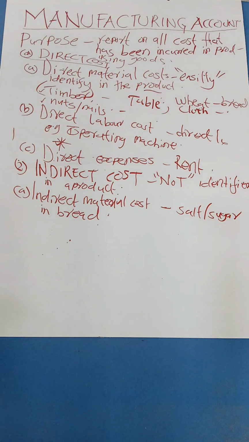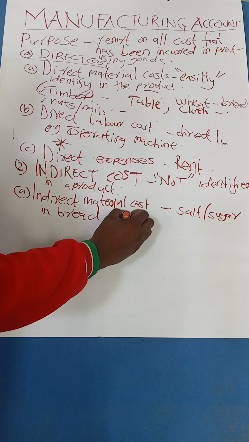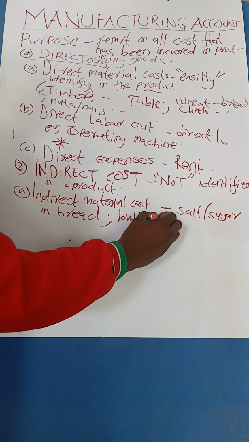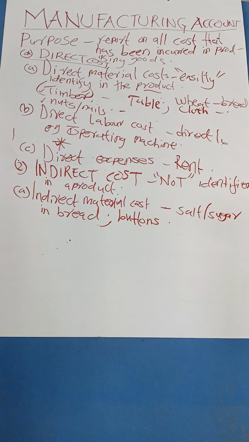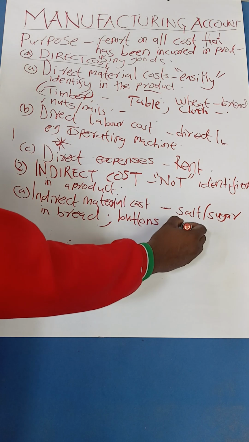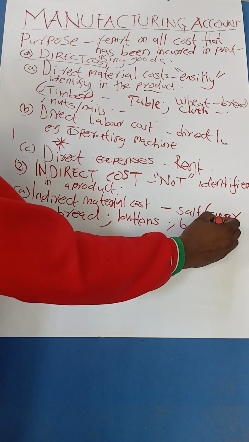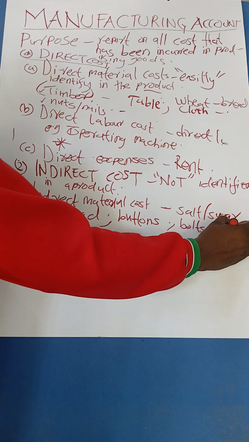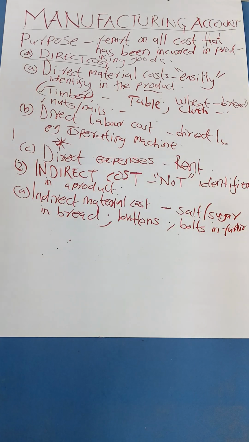So for indirect material cost, examples are salt and sugar. Or you can say buttons in a cloth. Can you account for the buttons? Not easily. We have also said bolts in furniture. Those are indirect material cost.